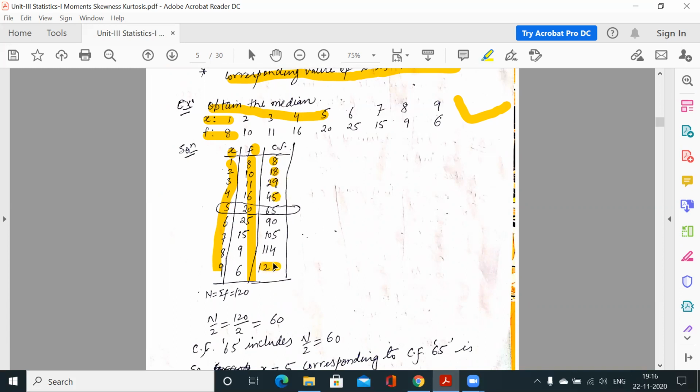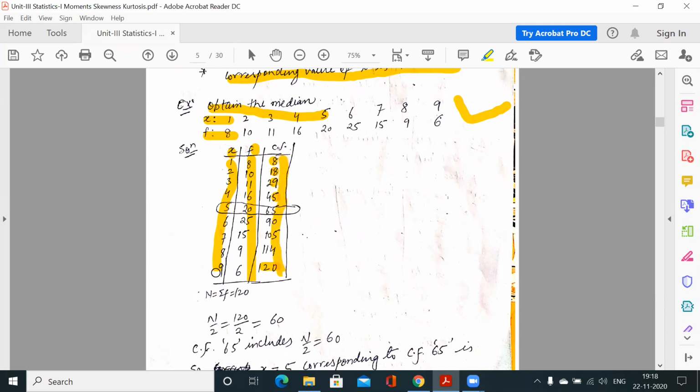So the first step is to calculate the cumulative frequency. So these are the cumulative frequencies.